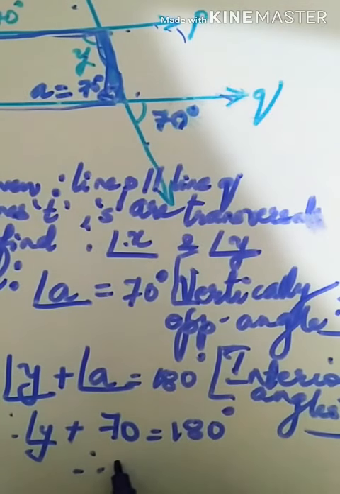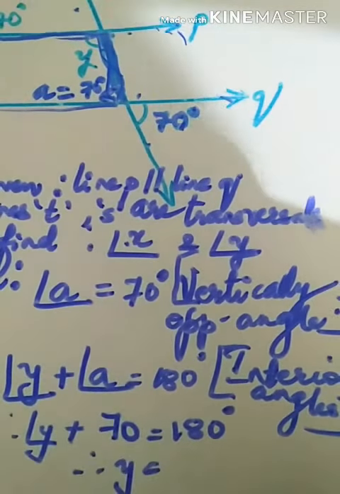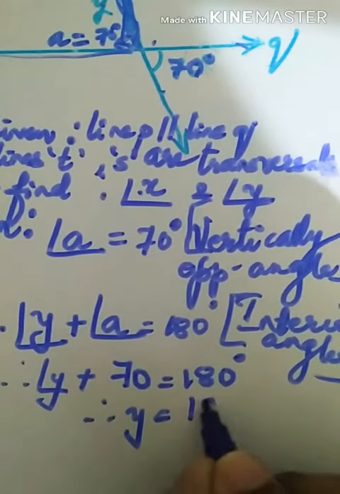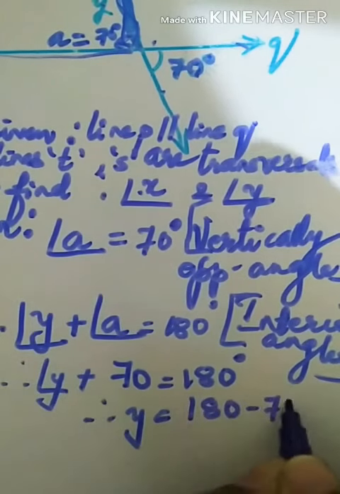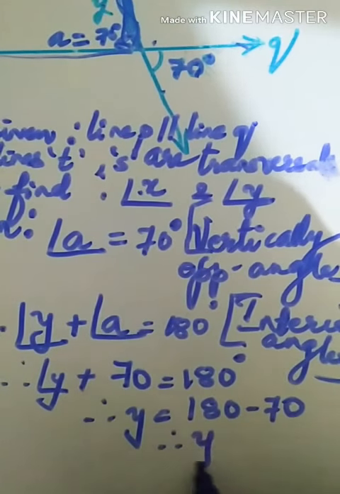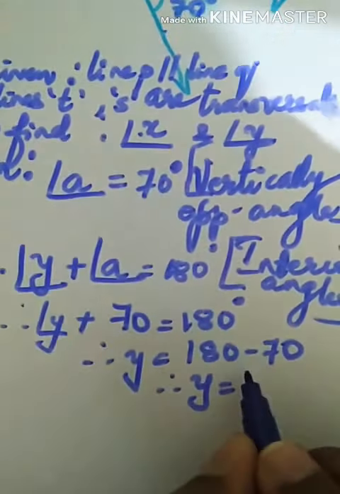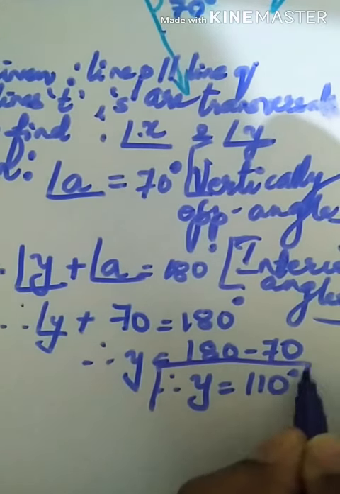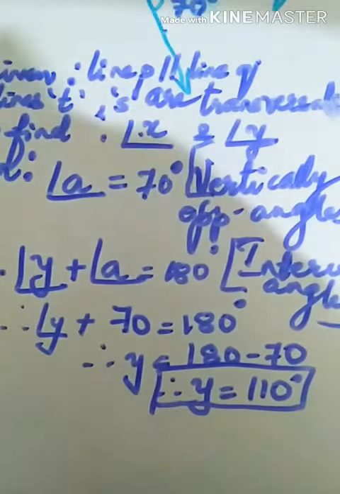So therefore angle Y equal to 180 minus 70, angle Y equal to 110 degree. So we got measure of angle Y.